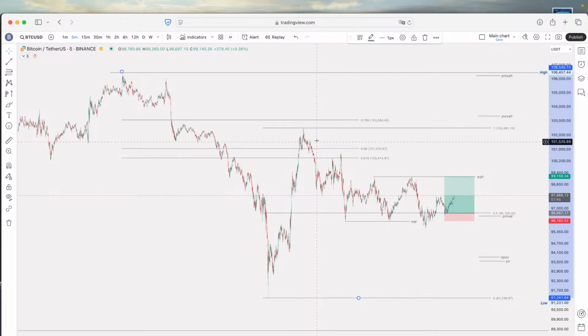If you trade smart money techniques, it is known as the OTE zone, the optimal trade entry zone, and it is formed between 0.618 and 0.786 from Fibonacci levels, from the swing high to the swing low.